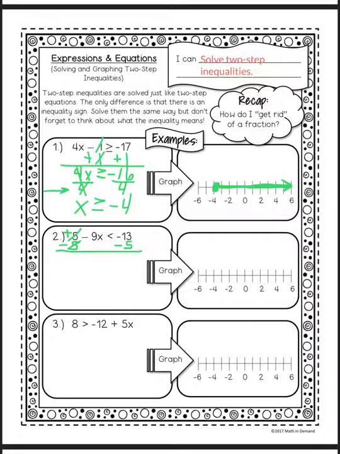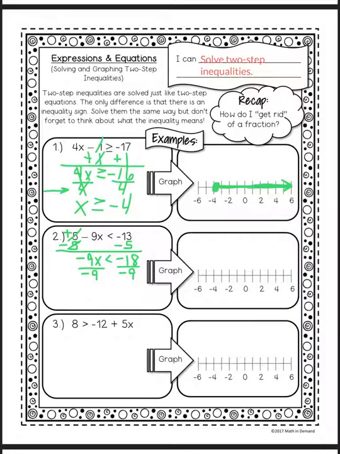That cancels these out. Don't forget that 9x is really a negative 9x because the sign in front of it is negative. Then we're going to combine negative 13 and negative 5 to get negative 18. Next, I'm going to divide both sides by negative 9. Notice I just said I'm dividing by negative 9.